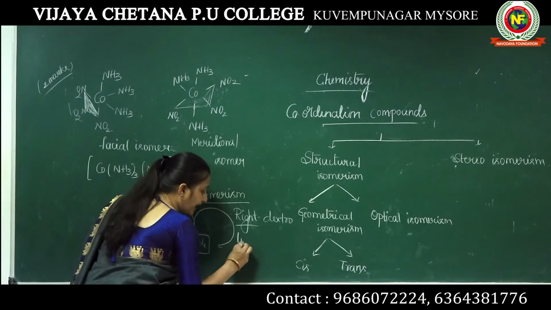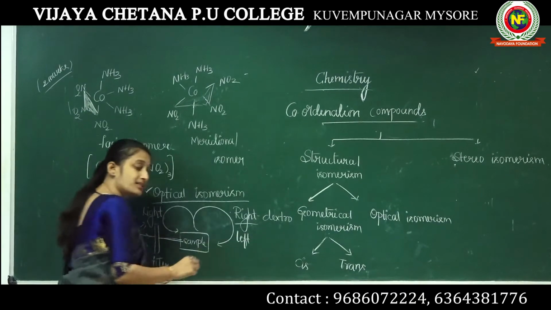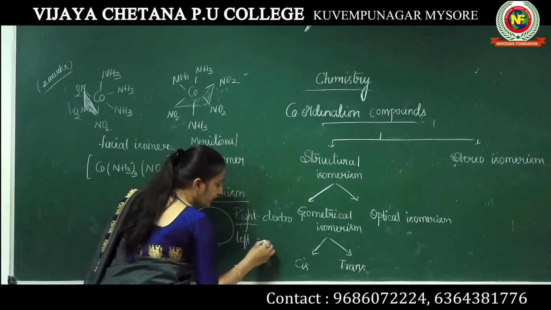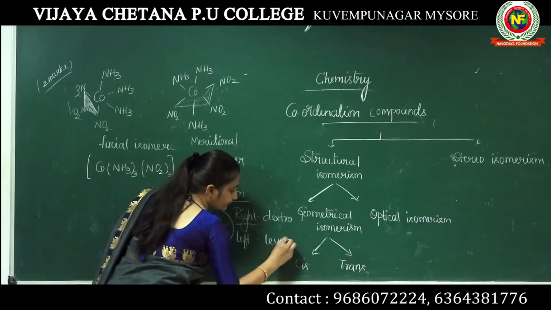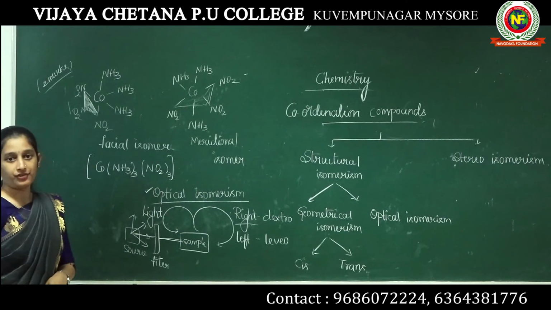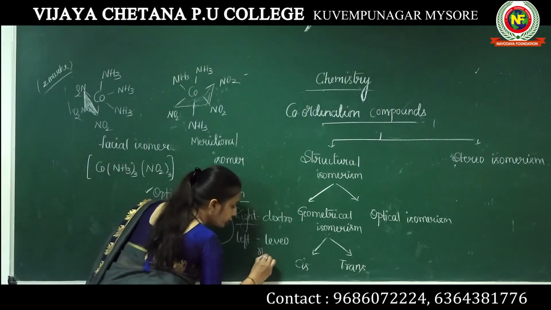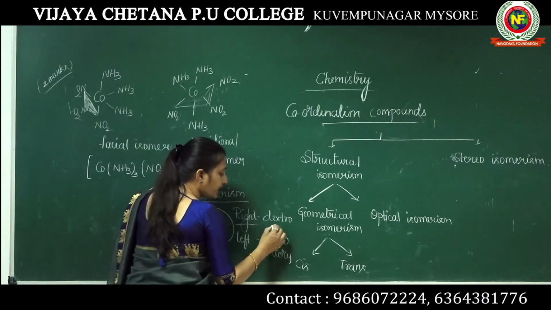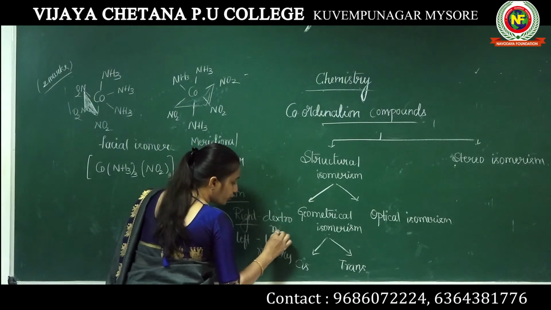If the same light is bent or rotated towards the left, we call it levo. Levorotatory and dextrorotatory.